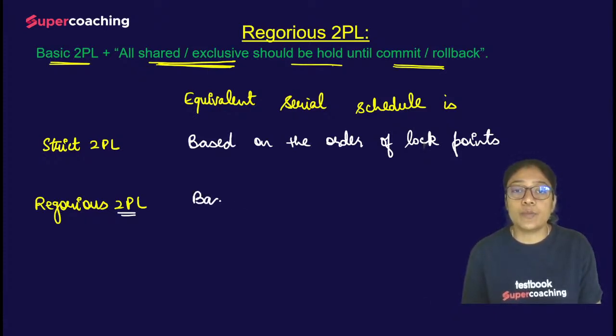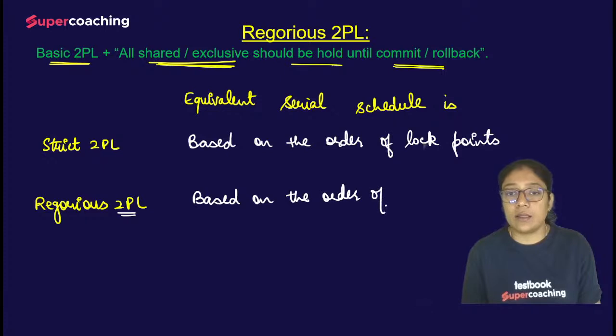In rigorous 2PL, the serial schedule is based on the order of commit. This is the most important difference.